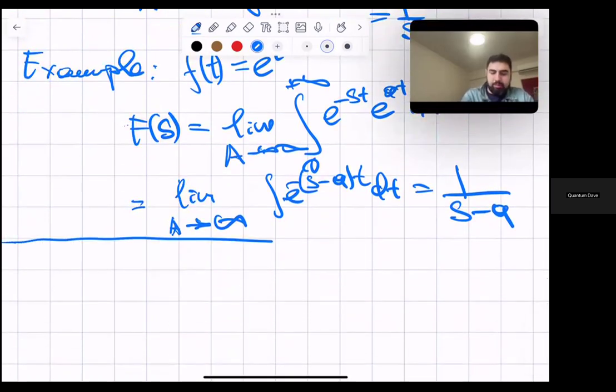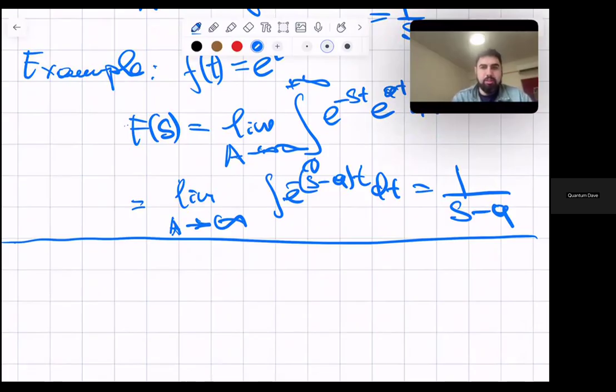So these two very simple examples will give us a handle on solving a differential equation, like a simple one, just a linear differential equation. And before moving forward, let us try and derive two simple things.